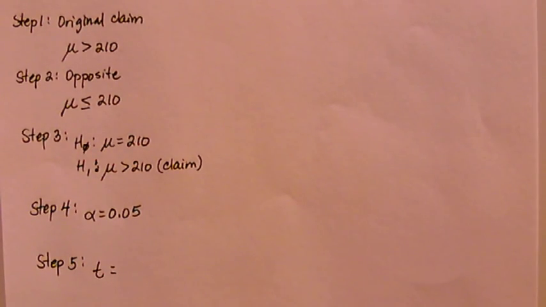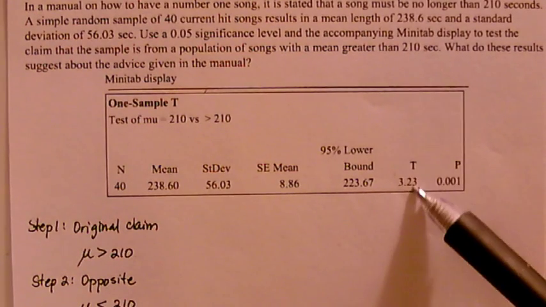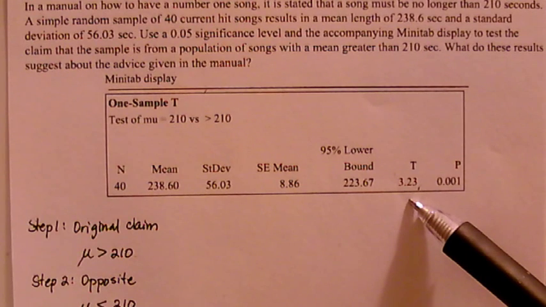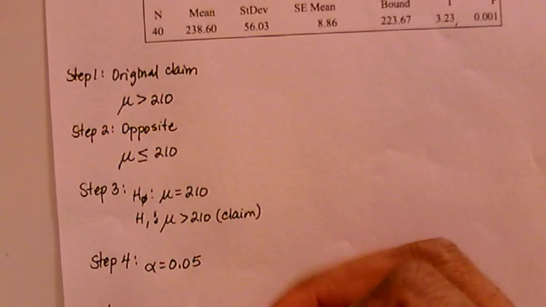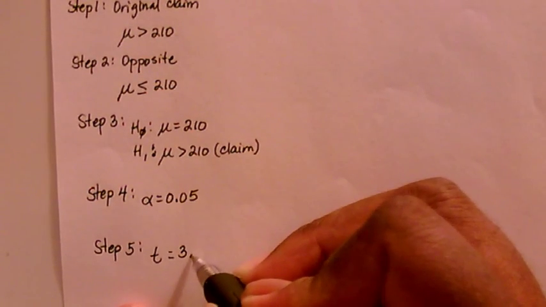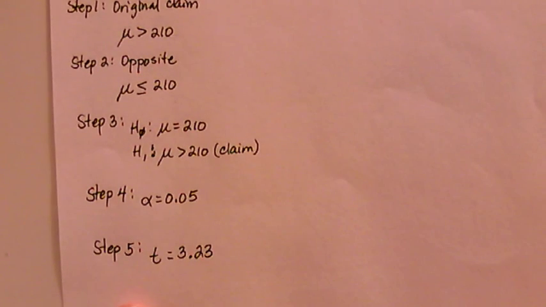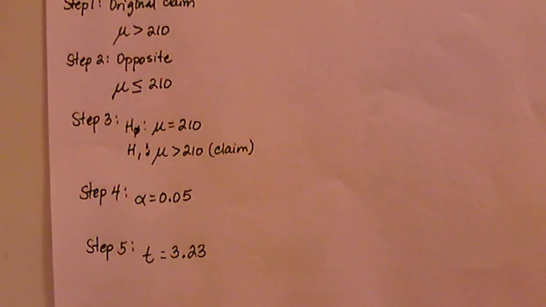That's your t-value. If you look at your Minitab display, you'll see this T right here represents your test statistic. In this case, it is 3.23. So in step 5, we can just say that your test statistic is 3.23. And if that wasn't given to us, we would have to use the test statistic formula to find out what it is.